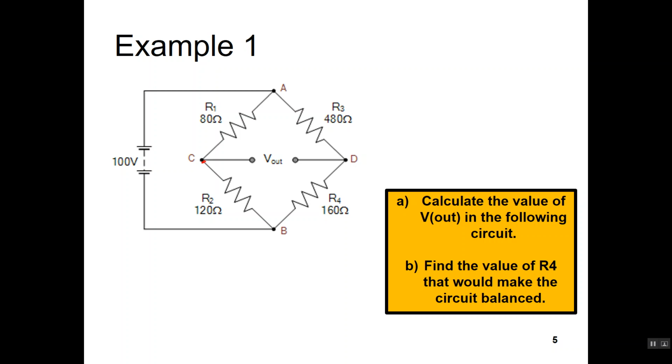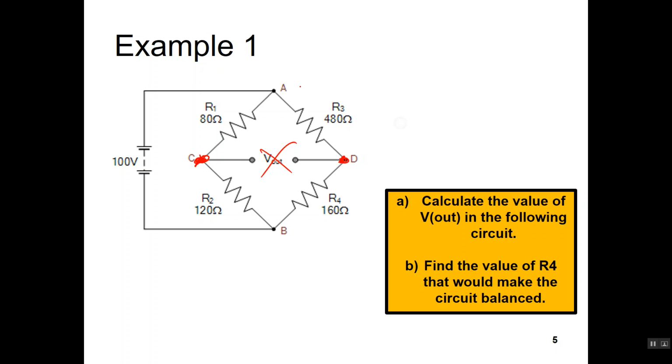But this is pretty easy to do because I can just ignore this voltmeter, since that's how I'm experimentally measuring that voltage. So now all I need to do is calculate the voltage remaining at point C and the voltage remaining at point D.